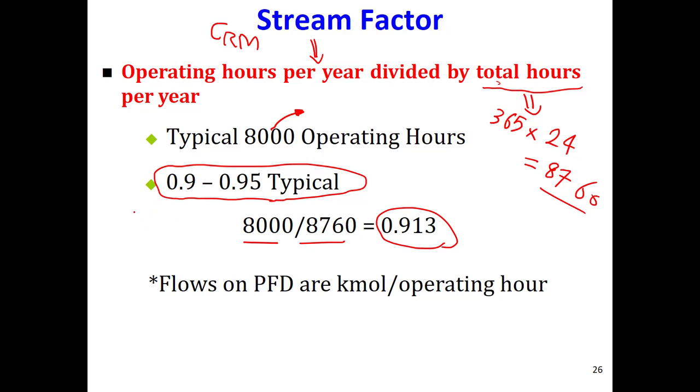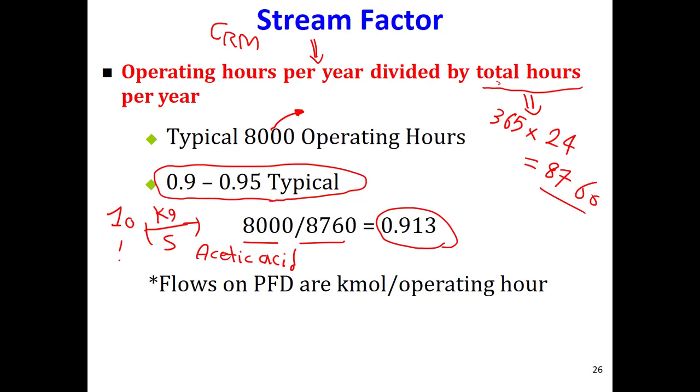Let's say for the raw material, I tell you that I need 10 kilograms of acetic acid per second in my plant.